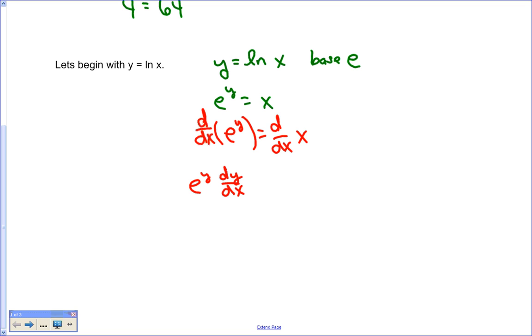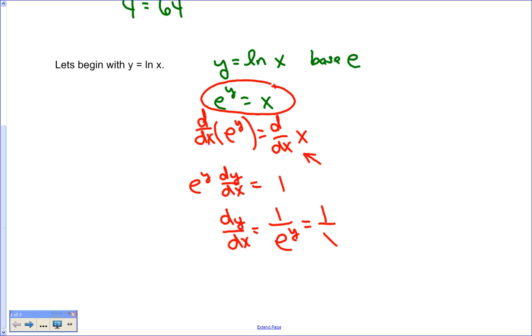So some implicit differentiation comes in here. And the derivative of x on this side, that derivative is 1. So dy dx is equal to 1 over e to the y. Up here, we know that e to the y is equal to x. So our derivative turns out to be 1 over x.